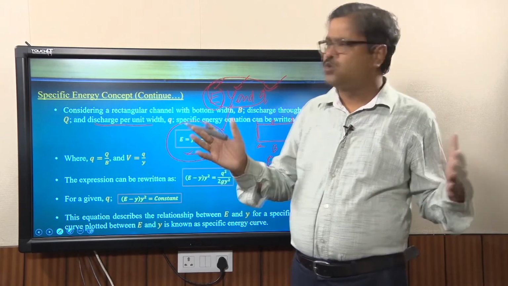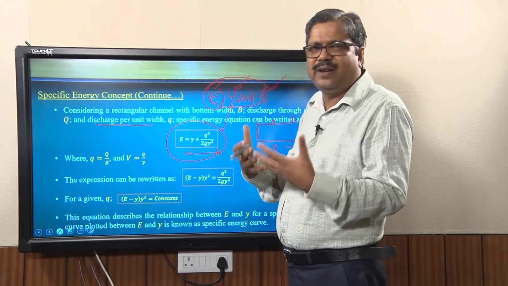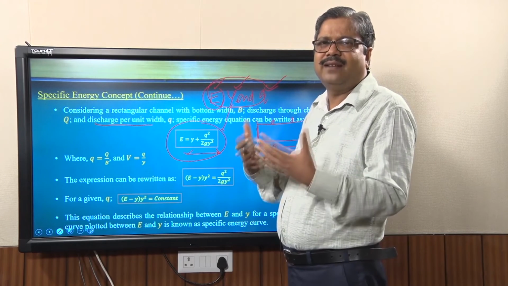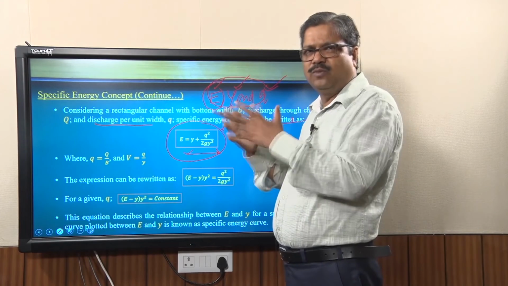So, you can have another condition: with condition one, E constant, we look at the relationship between y and small q. This is the case where energy does not dissipate that much. So, we can consider a reach and assume that energy dissipation is not that significant. We can find out a relationship between y and q.